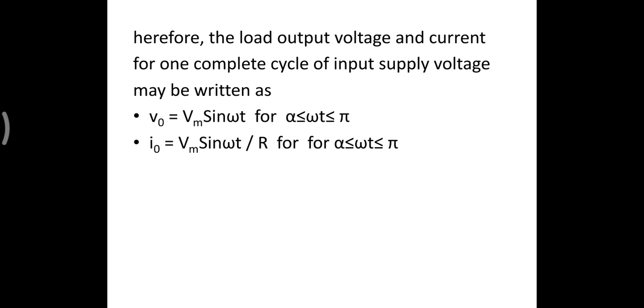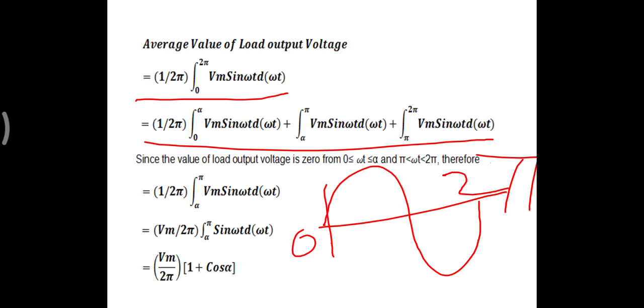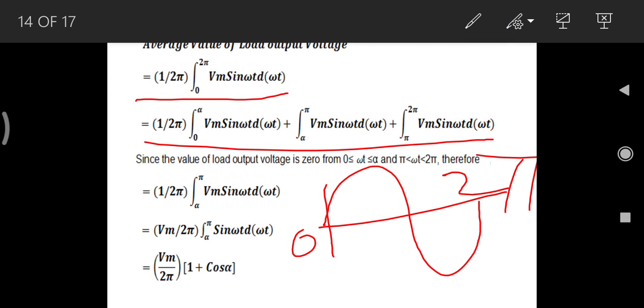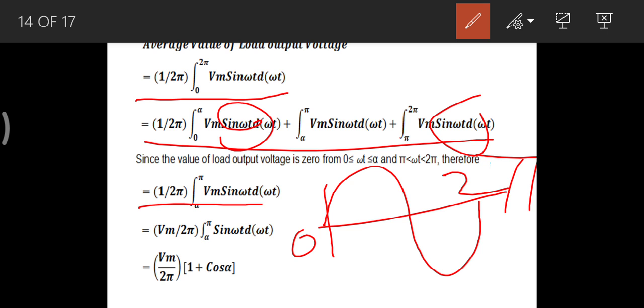Here we are applying the same values. This quantity becomes 0 and this quantity becomes 0. So we have to consider only integral alpha to pi Vm sin omega t into dt.